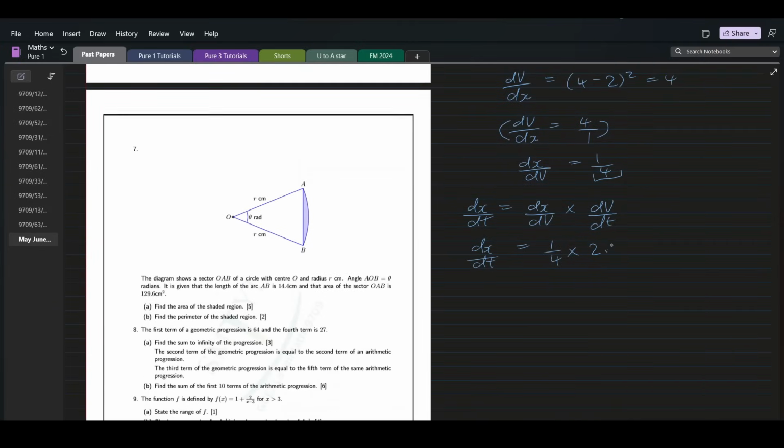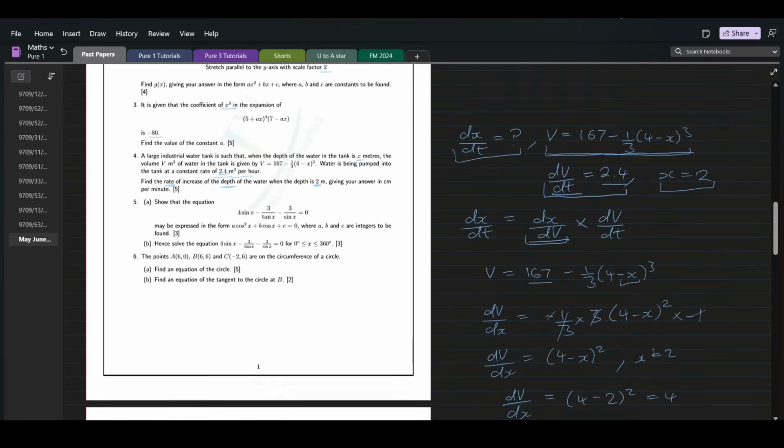So let's multiply that by 2.4. Punch that into the calculator. That's 1 over 4 times 2.4, and you get 0.6. Note that this is in meters per hour, right?